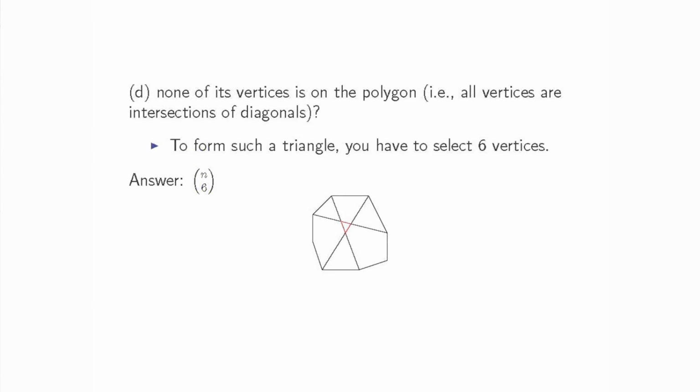So if we choose 6 vertices and draw 3 diagonals, because these 3 diagonals will not meet at one place, they will form a triangle, for example, like this. So for each combination of 6 vertices, we can find 1 such triangle. So the total number of them is n choose 6. Is everyone okay with this question?